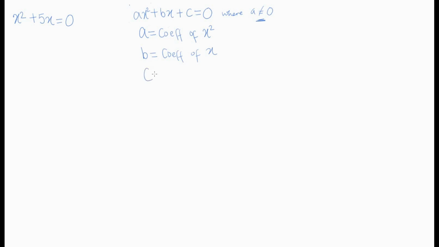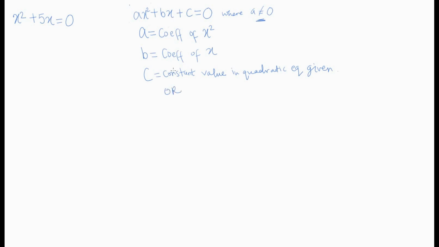And then c is just the constant value in the quadratic equation given.